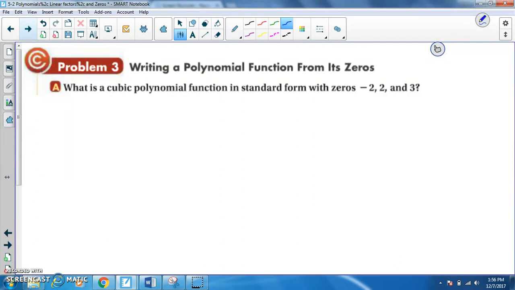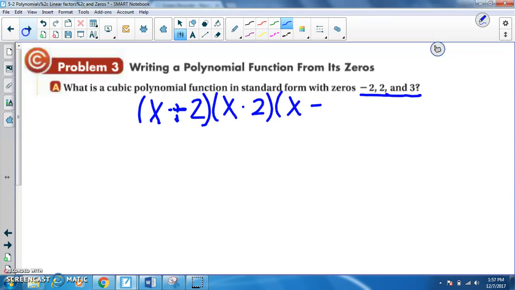So if we have zeros negative 2, 2, and 3, that means after we took our factors and set them equal to 0 and solved, we would get negative 2, 2, and 3, which means we would have x minus negative 2, which is plus 2, x minus 2, and x minus 3. In order to put this in standard form, you would need to multiply it out.